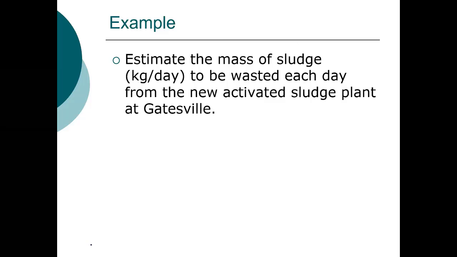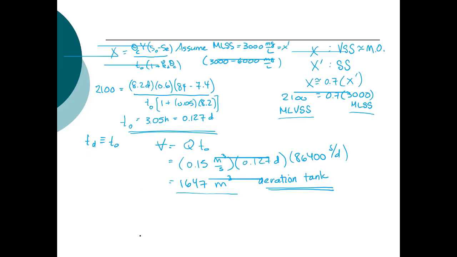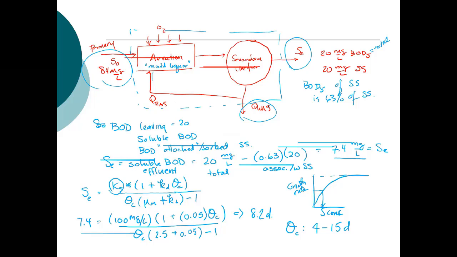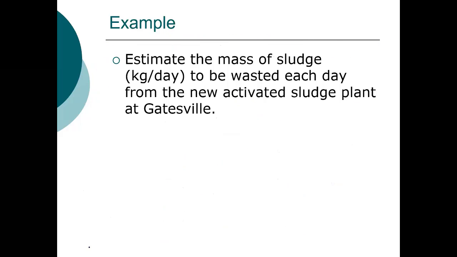Now, the next thing we need to think about, going back to our diagram here, is how much of this suspension of microorganisms we need to waste. We can think about that as needing a flow rate. Okay, so let's first do that here.